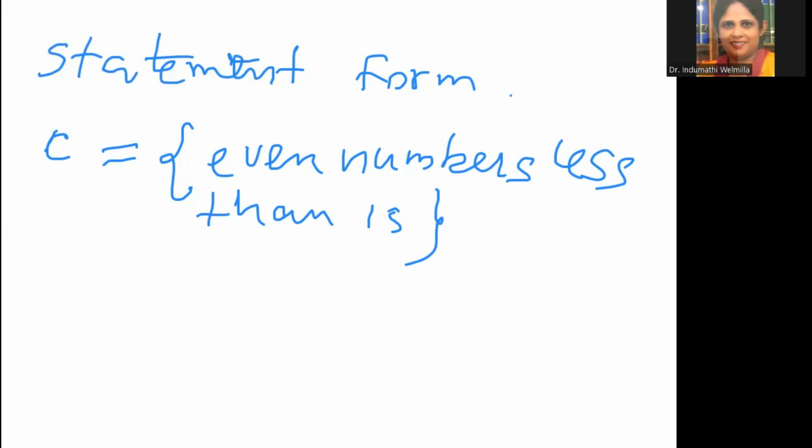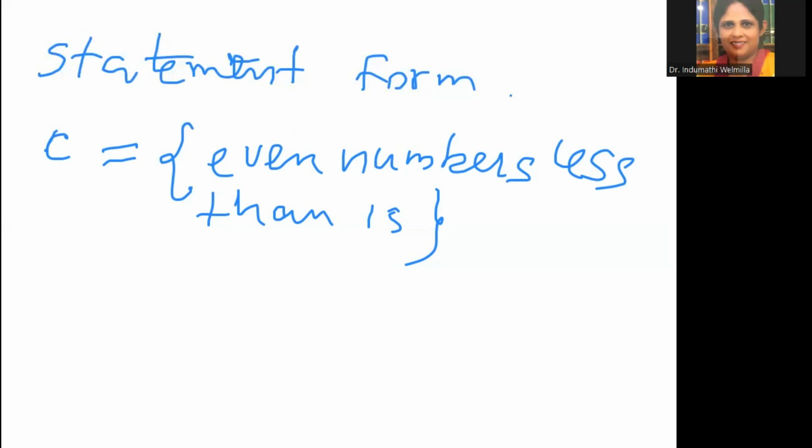The statement notation is described by a statement to show what the elements of a set are. Okay, so that is another method. However, you have to know how to represent the required set by using the different notations or methods, right?